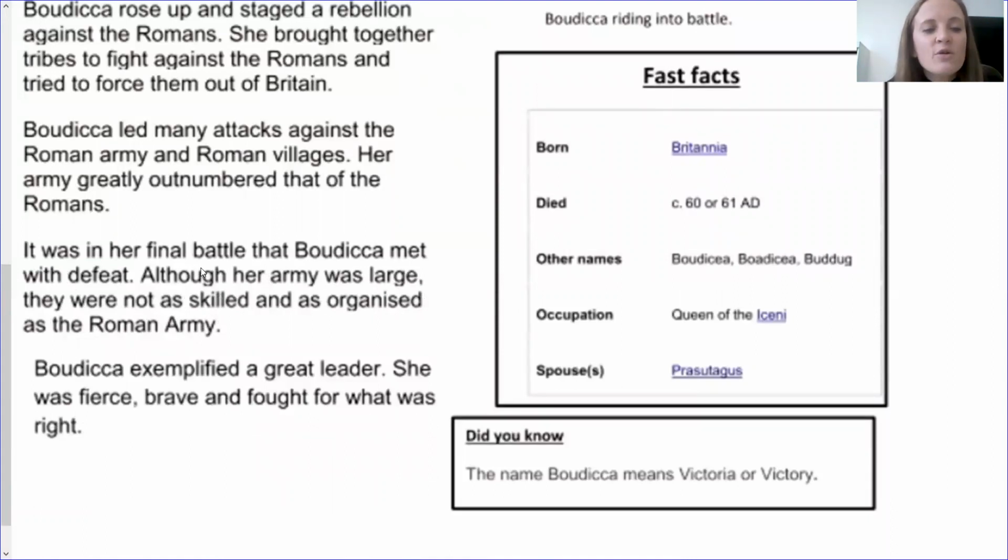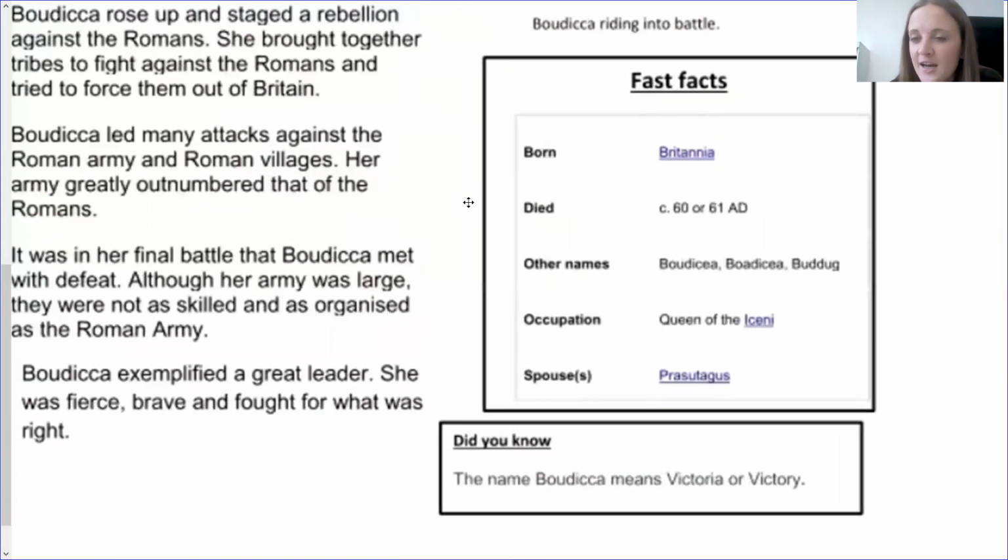It was in her final battle that Boudica met with defeat. Although her army was large, they were not as skilled or as organized as the Roman army. And our closing paragraph, or our ending one, we've got a sentence. Boudica exemplified a great leader. She was fierce, brave, and fought for what was right.